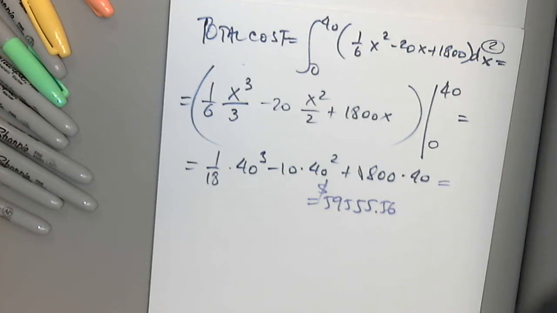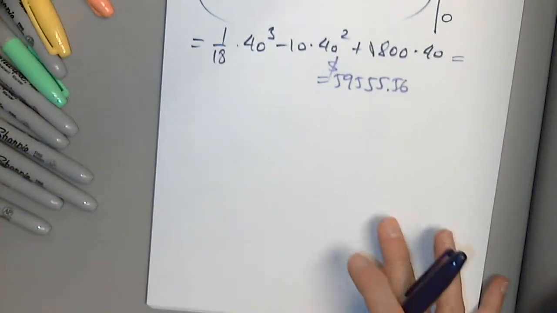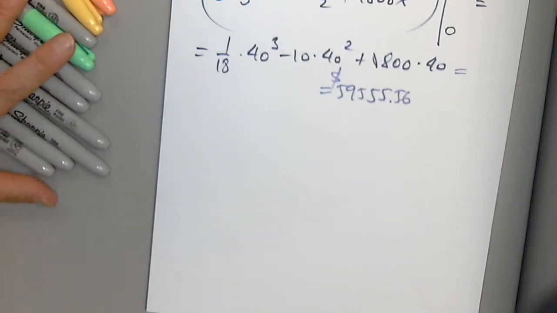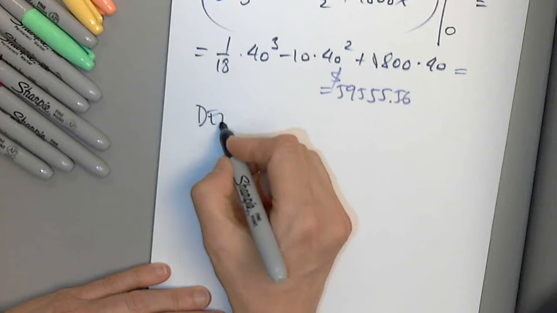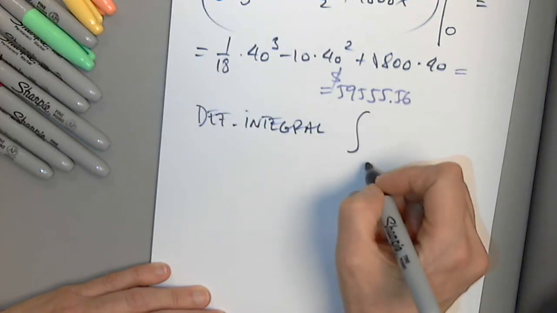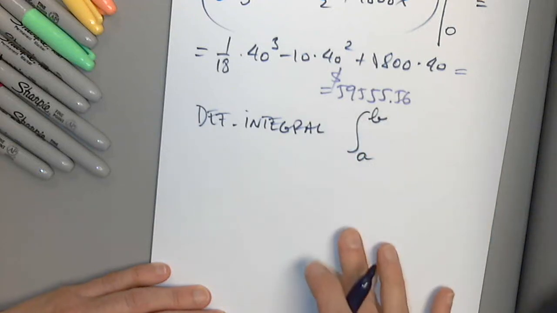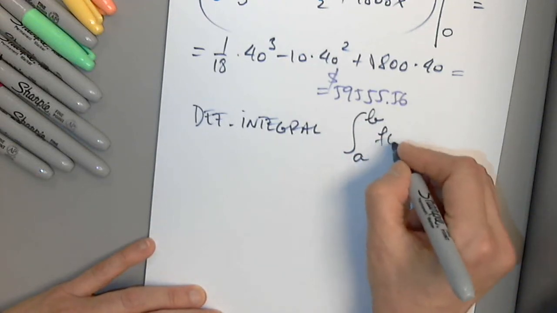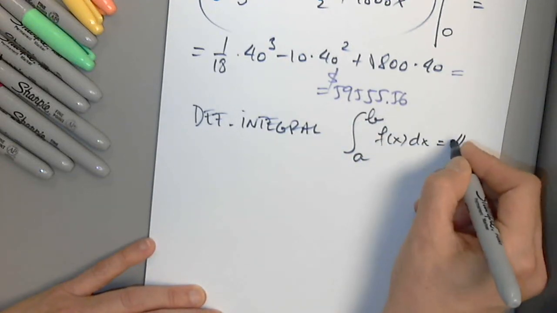Good, other questions? Because now we have an idea what the integral means, one more time: a definite integral is something with limits of integration, the integral of f of x dx, which is always a number.